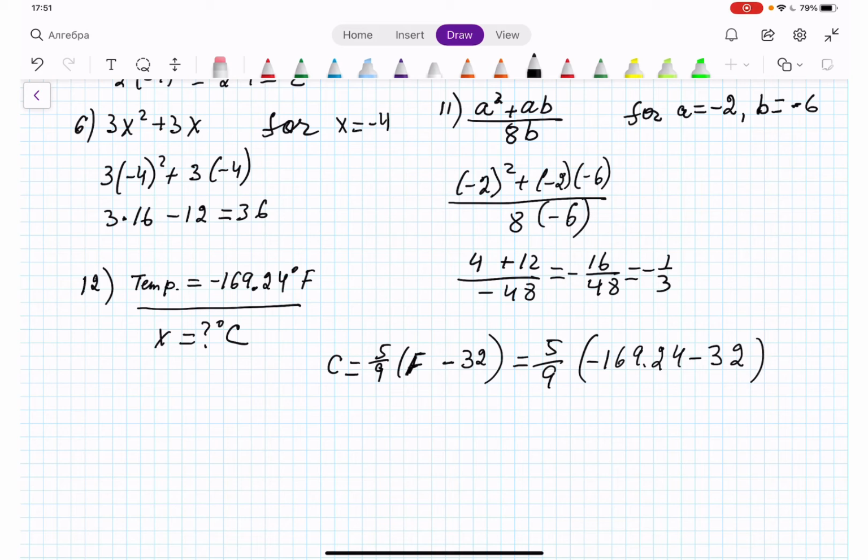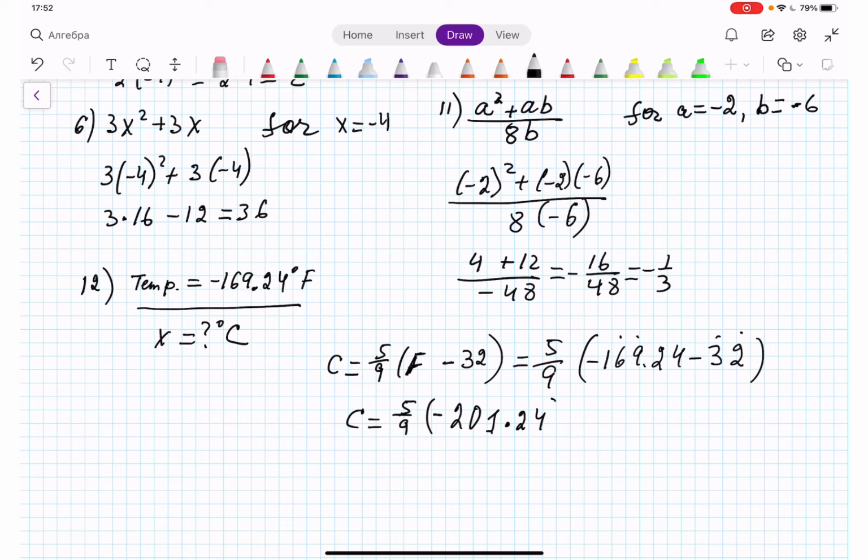And we have 5/9 times 169 and negative 32. So 0.24 is going to stay because 32 doesn't have any decimals. Now 9 plus 2, it's going to be 11, 1 in mind. 6 plus 3 is 9, and 1 going to be 0, 1 overflow, 1 and 2.